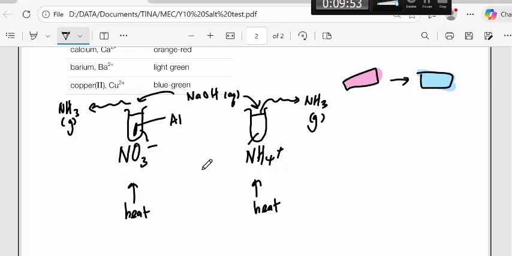They are almost the same test, one with aluminium and one without. Nitrate has aluminium, ammonium has no aluminium, just heat up. If you do the test and get this, it means it's ammonium. If not, maybe it's nitrate. Understand?